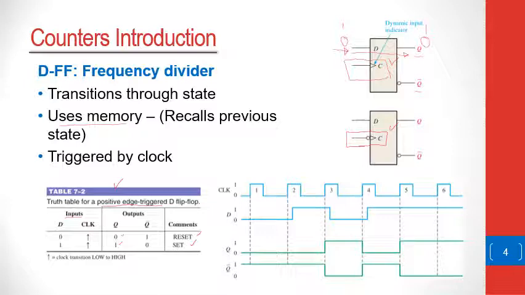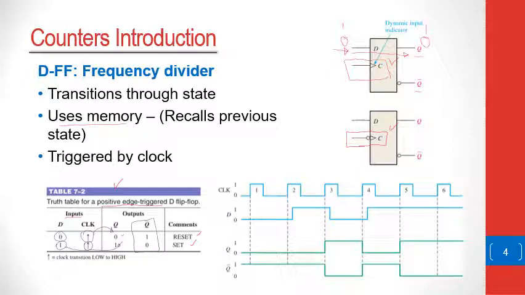The way you interpret the table is that when you have D at the input and the D flip-flop is triggered by the positive edge of the clock, then the D will simply propagate to Q. If on the other hand the D was 1, on the positive edge of the clock, the D will simply propagate to Q. And of course, the Q bar will be the opposite of what Q is.